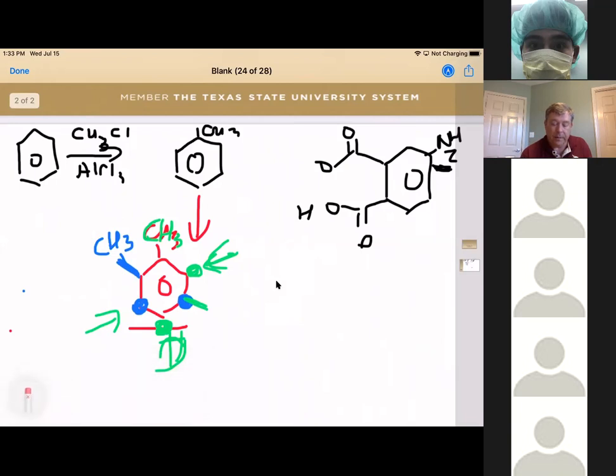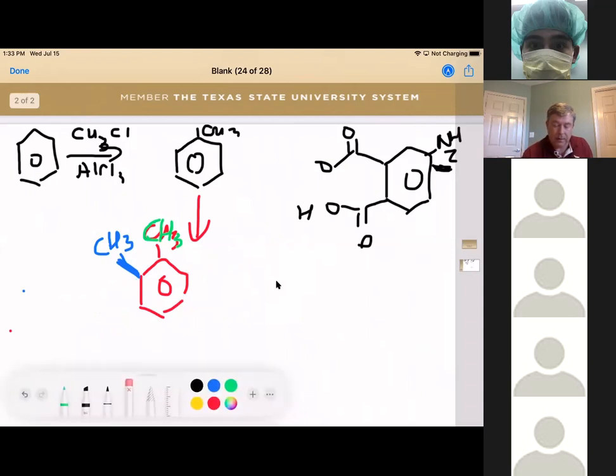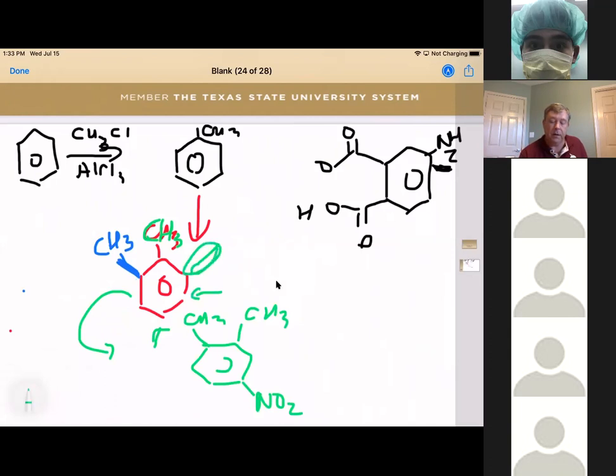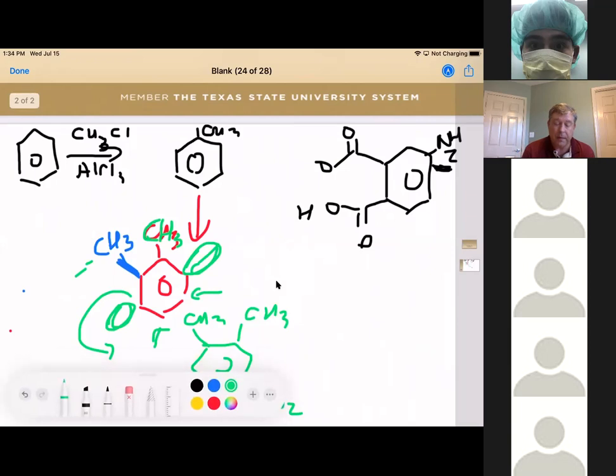So when we nitrate this, we end up with the isomer of CH3, CH3, NO2. Because it's equally directed to this position and this position, and these positions here are sterically a little bit crowded because of the methyl groups. So this will be our primary isomer because of direction and sterics.